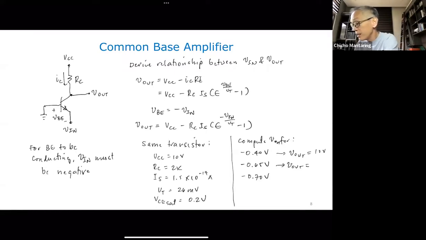Actually, this is the same as what we computed before. This is 7.84 volts. Okay, dito sa susunod, medyo mag-ingat kayo dito sa 0.7 volts. Be careful in your answer here.